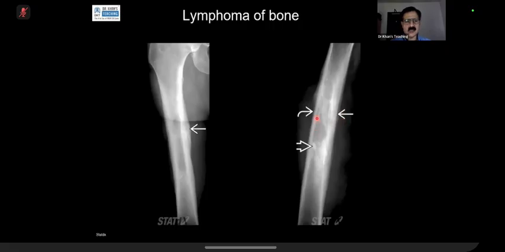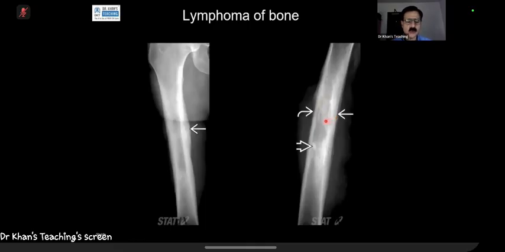And this is on the other side. If you look very carefully, develop your eyes on this thing. Where I am pointing out, you will see endosteal scalloping, subtle endosteal scalloping. What does it tell you? Look at this cortex versus this cortex, and you will agree that there is endosteal scalloping.